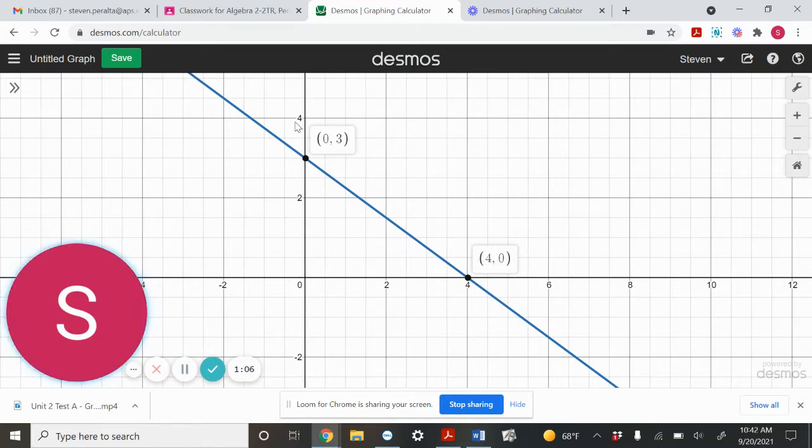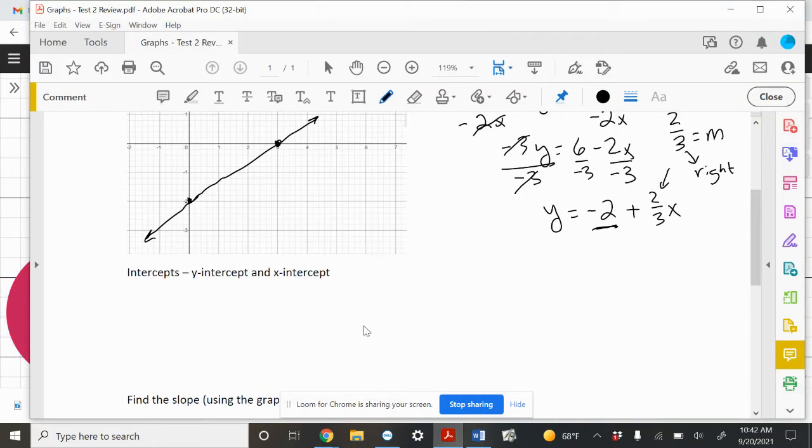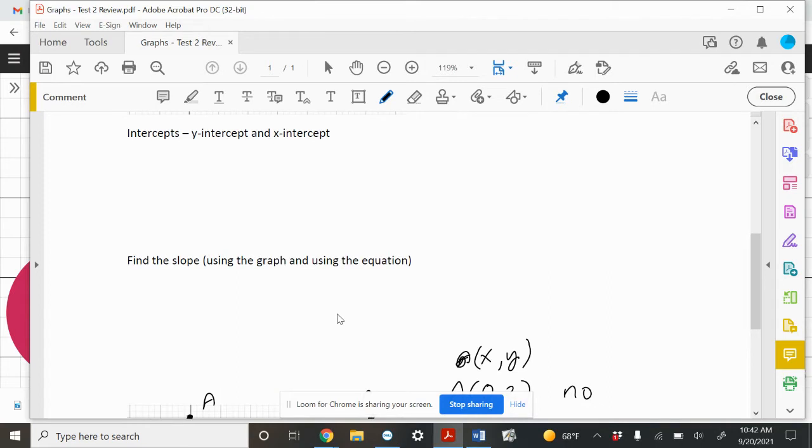So this is my y-intercept. This is my x-intercept. When we're looking at these problems, we're going to indicate those. So our intercepts in this particular example: (0, 3) is my y-intercept, and my x-intercept would be (4, 0).